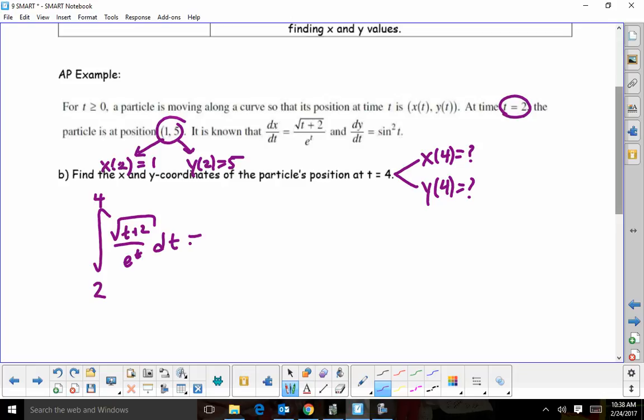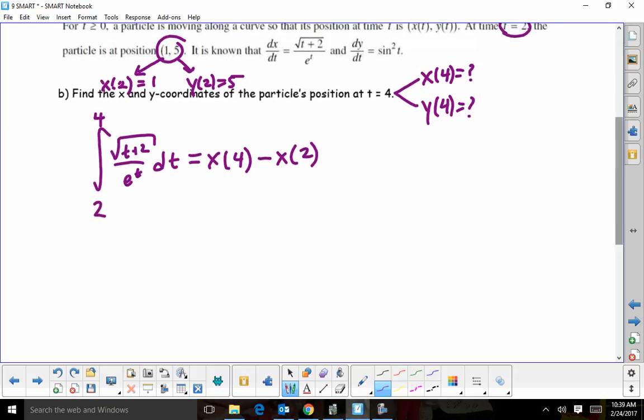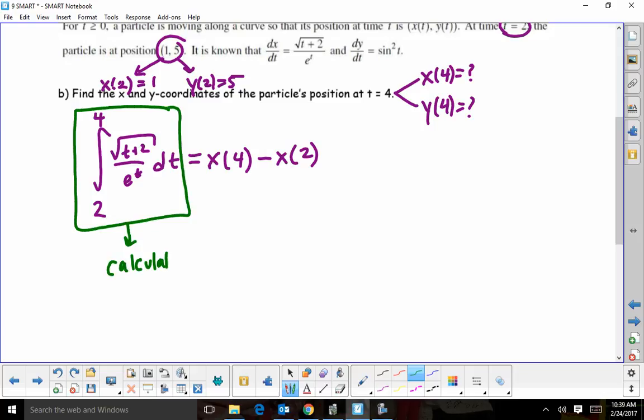And now I know that that equals x of 4 minus x of 2. This part right here, we put in the calculator to get my answer. This part right here is what I want to know. And this part right here was given to be what? Okay, so that was 1.